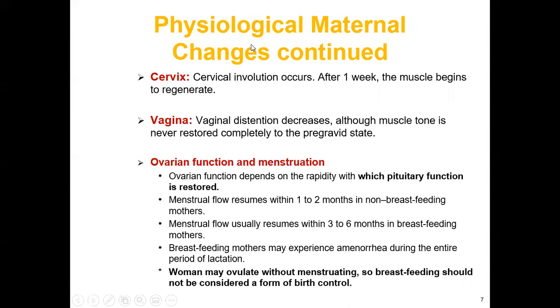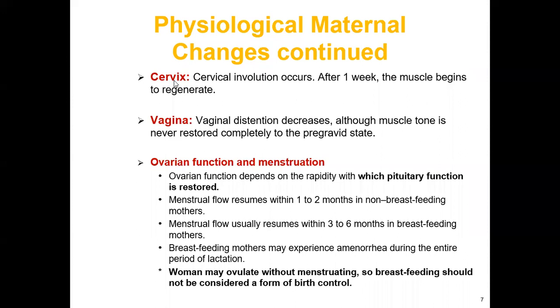Next, physiological maternal changes continue: cervix, vagina, other functions and menstruation. The cervix involution occurs after 1 week, and the muscle begins to regenerate, right?